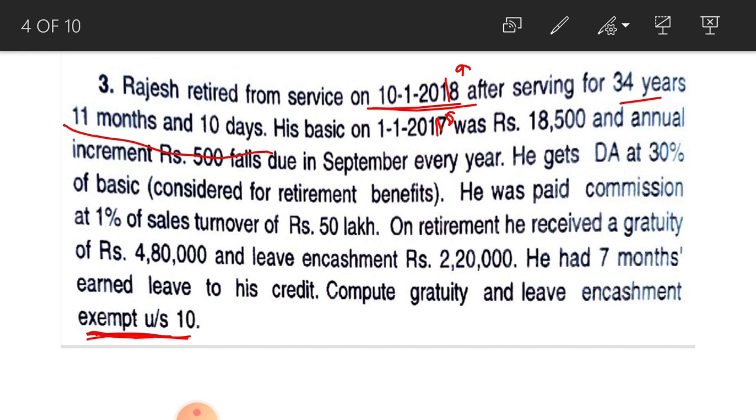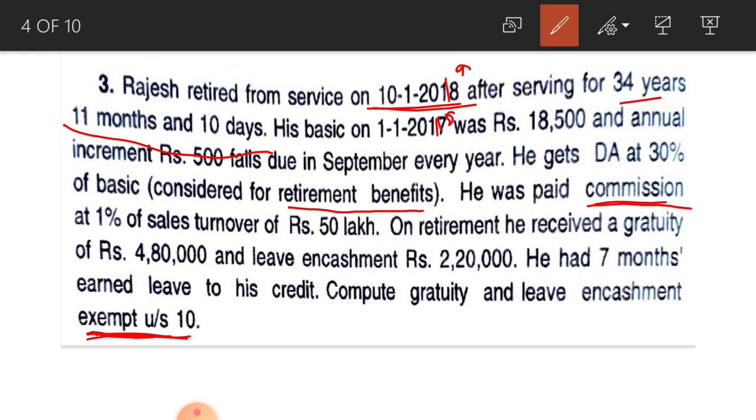Now see, annual increment we already discussed. He gets DA at 30% of basic considered for retirement benefit. In this problem, they particularly mentioned that it is considered as a retirement benefit. So, you can consider DA as well as, next one, commission for the calculation of salary of 10 months.